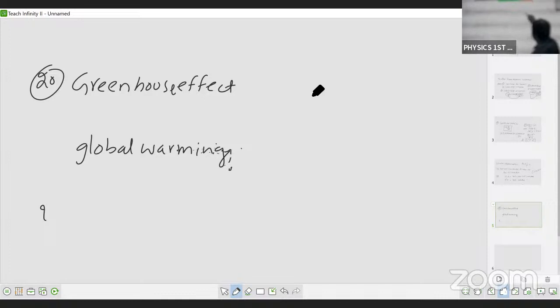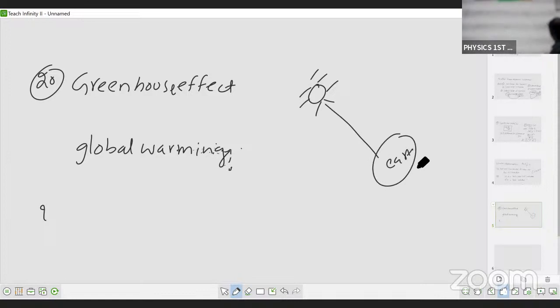For example, this is the Sun, this is the Earth. Sunlight is incident on Earth, moving in all directions. Sunlight is incident on every planet in the solar system. For example, on Earth. Earth absorbs radiation from the Sun.